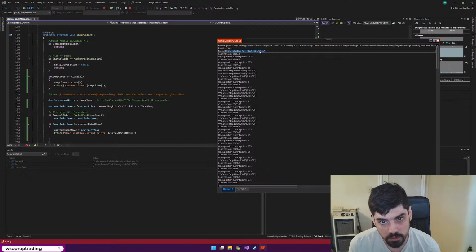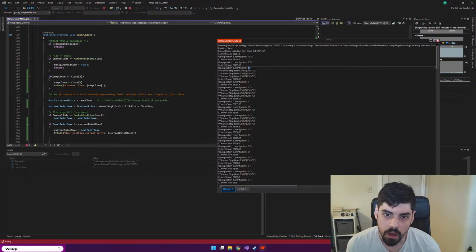Okay, so it's saying short 25.57.25. Goes up to 25 cents. So it went down here $1.50.